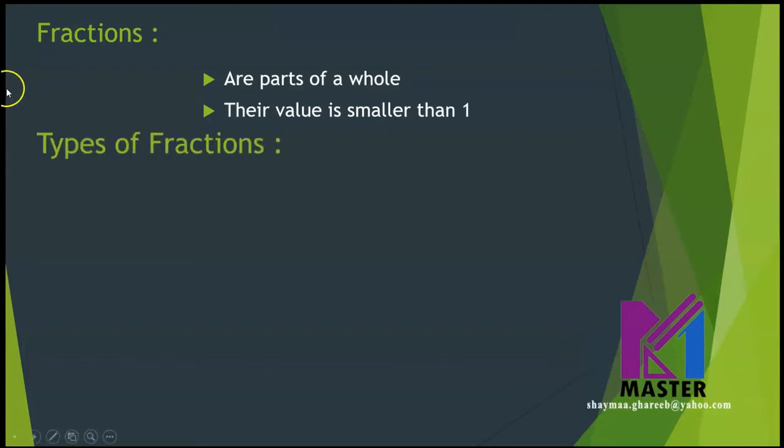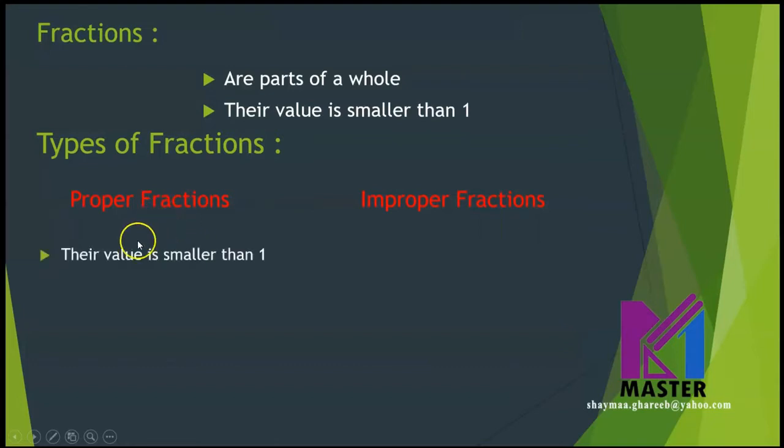Types of fractions. There are two types of fractions: proper fractions and improper fractions. Let's talk about proper fractions. Their value is smaller than 1. The numerator is smaller than the denominator. And remember that the numerator is the number up and the denominator is the number down.